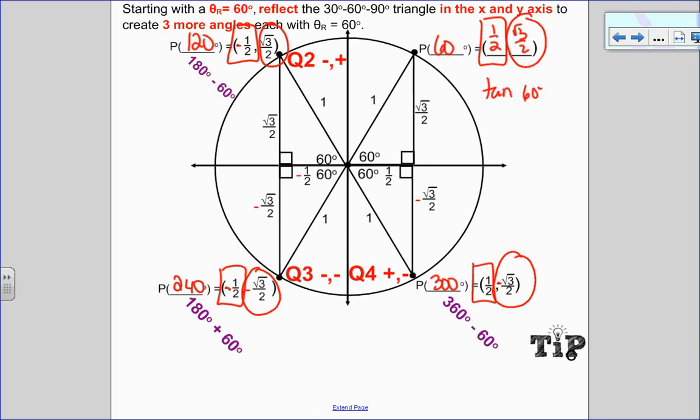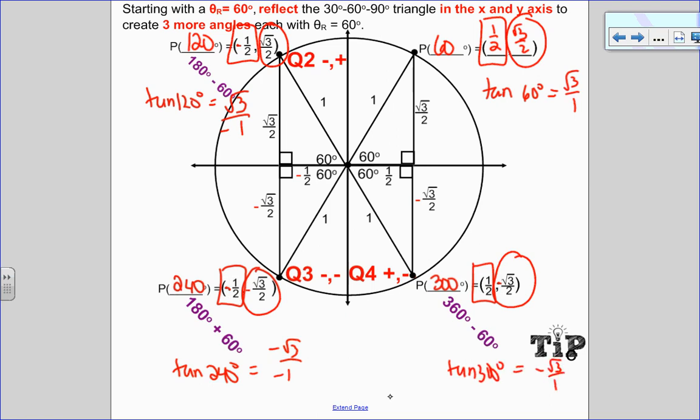So tangent of 60 is root 3 over 1, numerator of y over numerator of x. Tan of 120 is going to be root 3 over negative 1. Tan of 240, numerator of y over numerator of x, and tan of 300 is going to be numerator of y over numerator of x. And of course I would go back and simplify those.